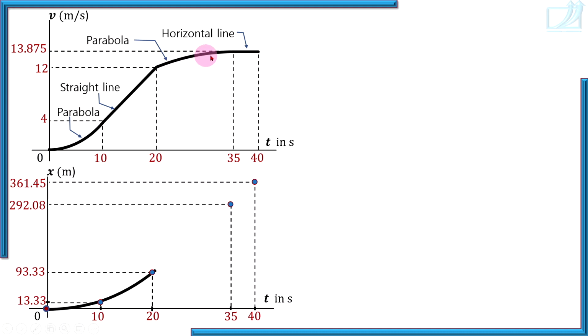So yes, velocity is increasing again. At t equal to 20, velocity is 12. At t equal to 35, velocity is 13.875. So velocity is again increasing. So we should draw an increasing slope curve. This is not a straight line. It is a curve, an increasing slope curve throughout up to t equal to 35. Actually, these are three different curves which are meeting tangentially here.